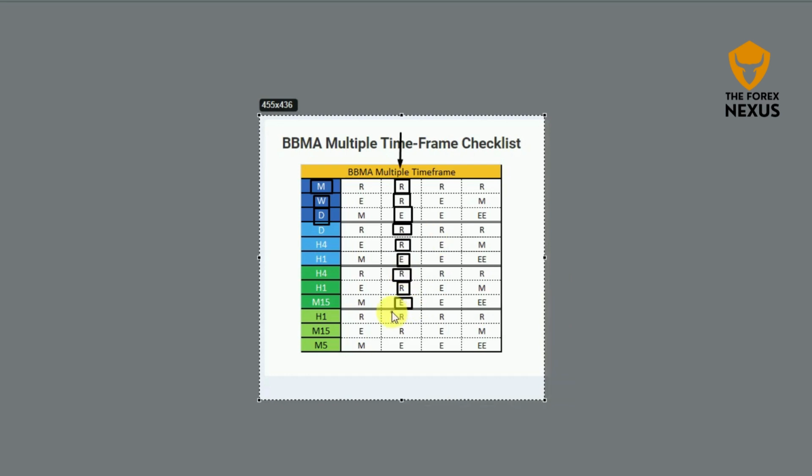On H1, if there is a re-entry, M15 must be re-entry, and there will be extreme on M5. M30 we don't count in BBMA because it's very similar to the H1 time frame, so there is no need to use M30 as a confirmation for any code.